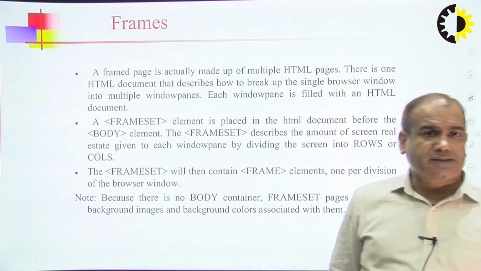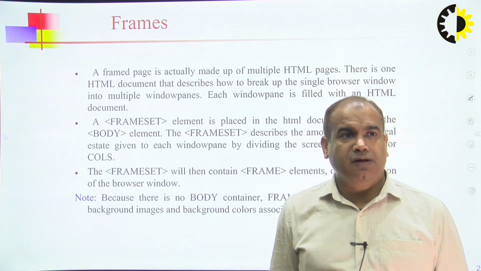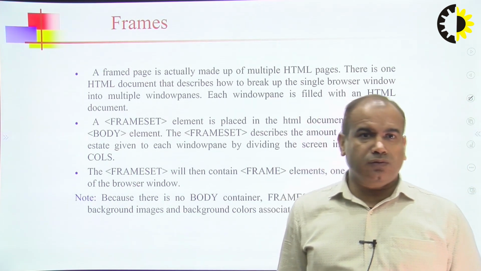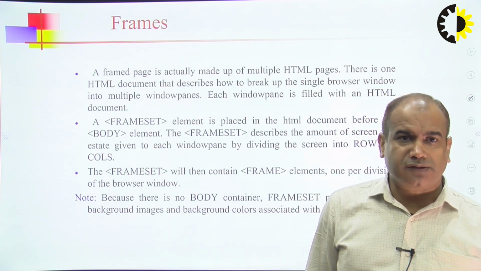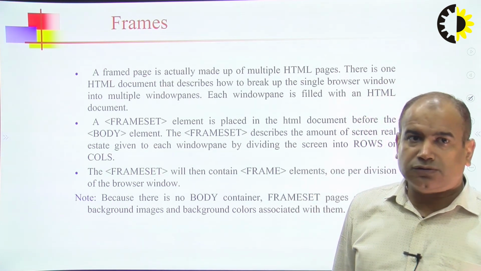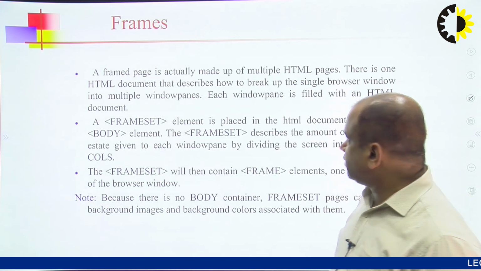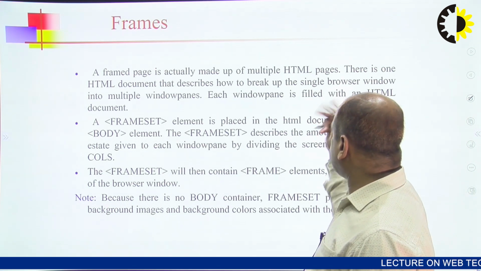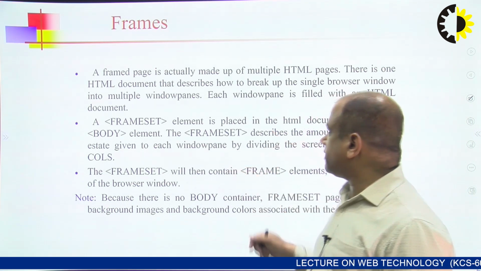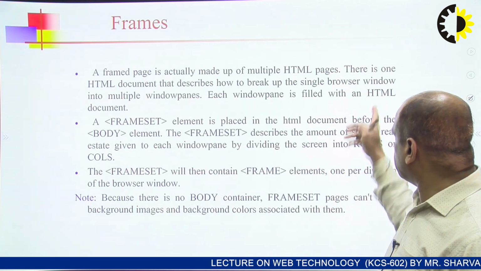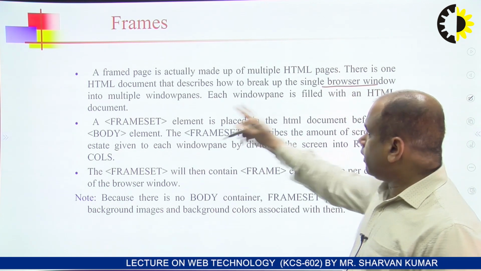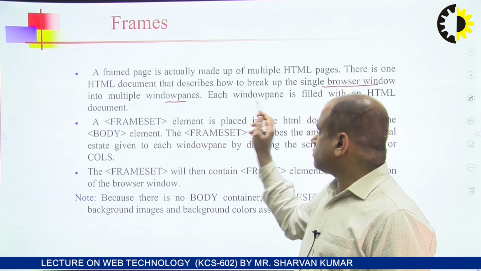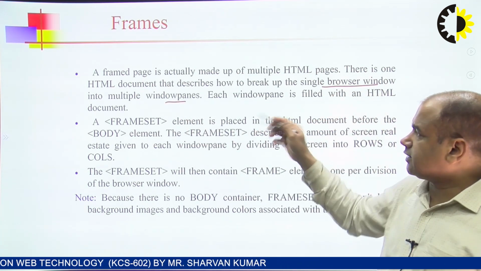Also next, if we talk about the normal frame, in new browsers frames are not supported. Still, a frame tag is used to make up the initial HTML page. There is an HTML document that describes how to break up the single browser window into multiple window panes, and each window pane is filled with an HTML document.